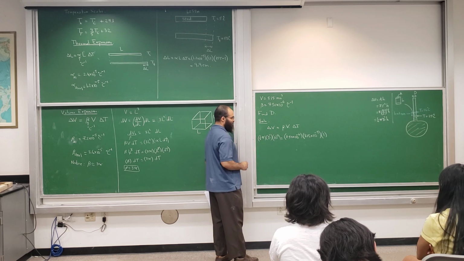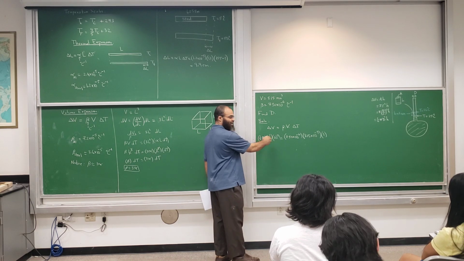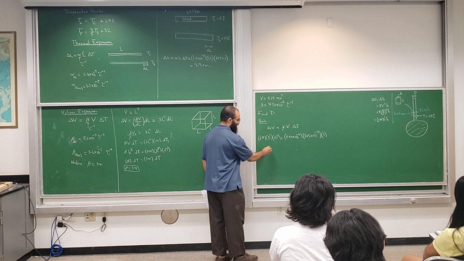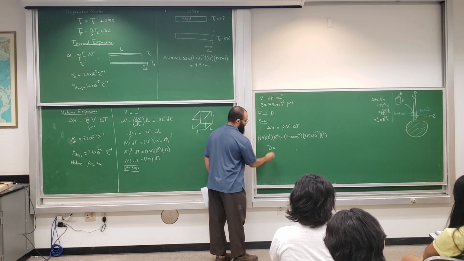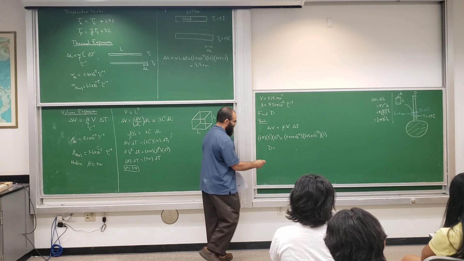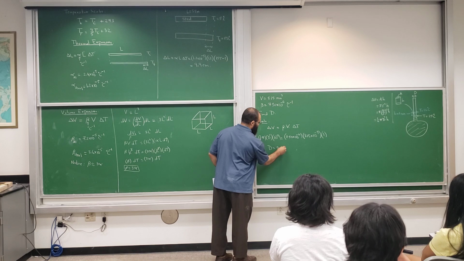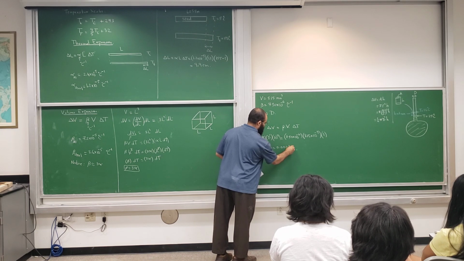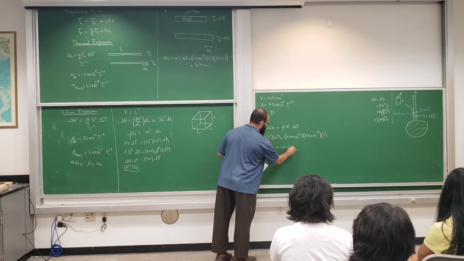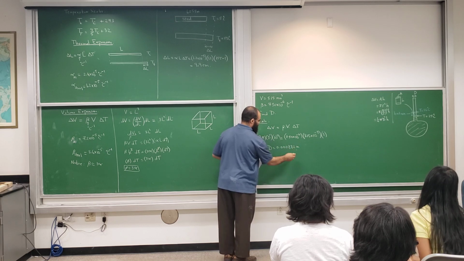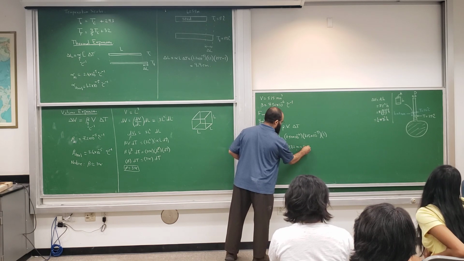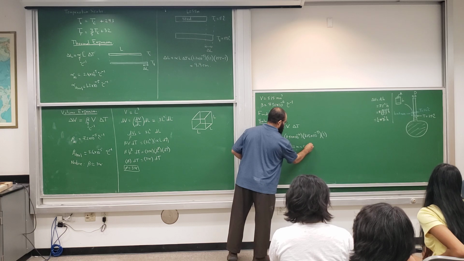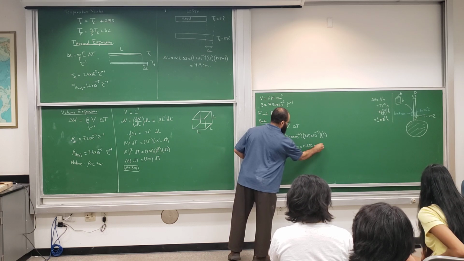And I don't want to spend too much time with the numbers. So you divide, take the square root, and you get the diameter. So I'm going to just say the diameter is going to be 0.00082 meters, which is 0.882 millimeters.